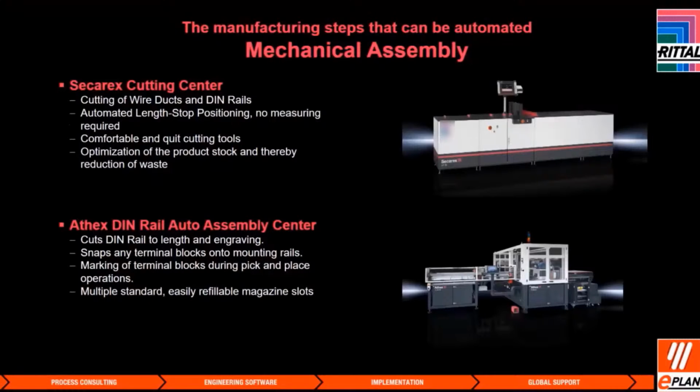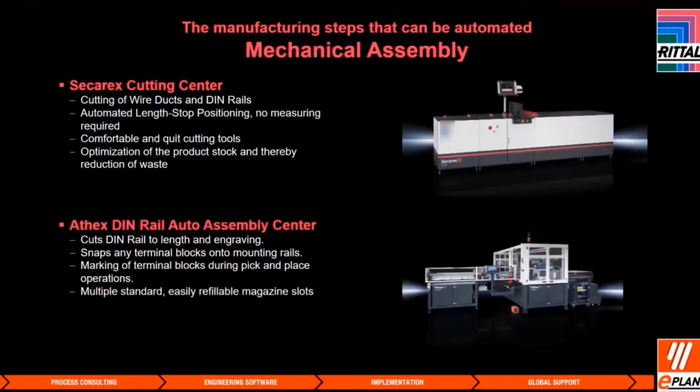So you're creating an entire terminal block DIN rail assembly with this piece of equipment. And as I said, there are fewer customers out there that really have the volume of terminal block purchasing and use that might utilize this machine, but we're just showing it to explain that we have a very wide offering to panel builders in terms of automating their processes.